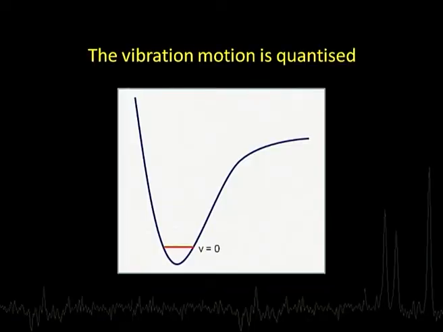So when you talk about vibrational motion, if I try to treat this vibrational motion in terms of quantum mechanical prescriptions, we find that the vibrational motion of the molecule is quantized. What it means is that it can vibrate only in certain possible ways, and that is represented in terms of an energy level diagram which goes as follows.